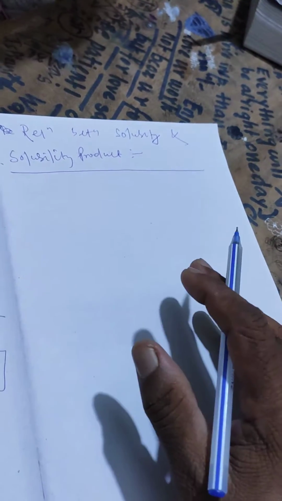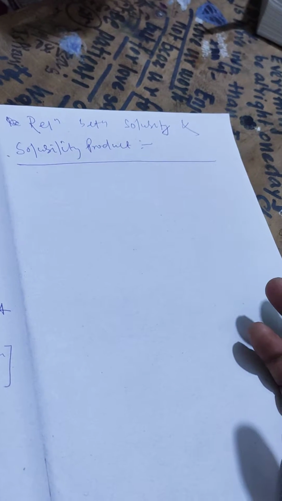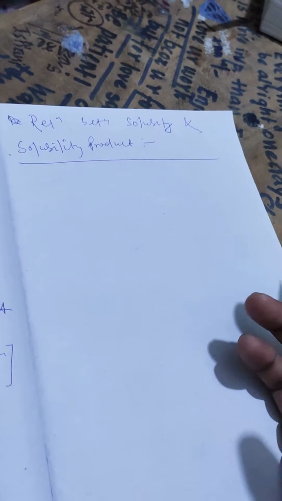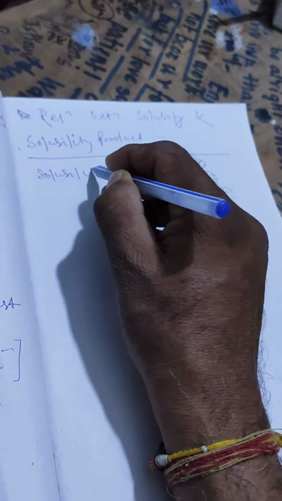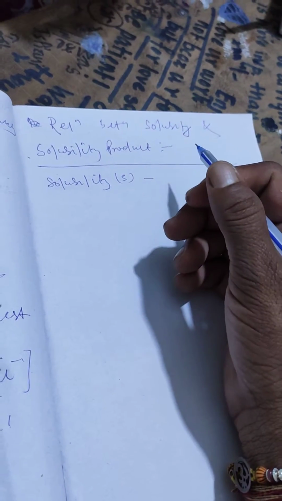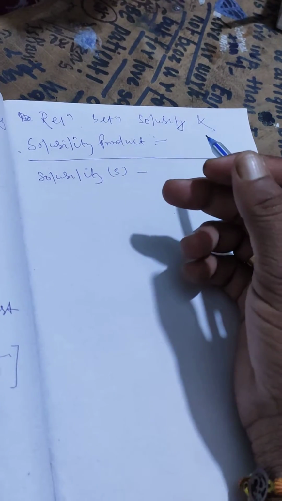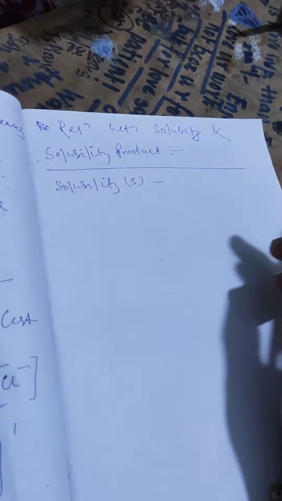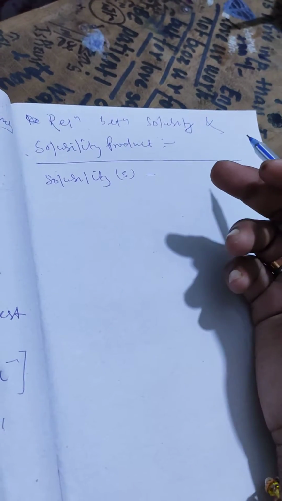Solubility means the amount of solute that solubilizes in water. How much extent is solubilized? It may be gram per liter, it may be moles per liter. The solubility is represented by S. Suppose you take 10 gram. Out of the 10 gram, suppose 4 gram solubilizes per liter of solution. So the solubility is 4 gram per liter.